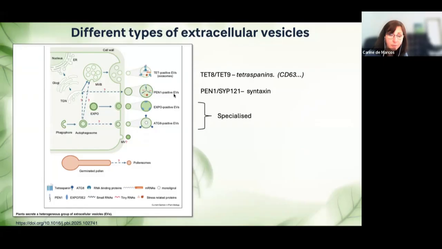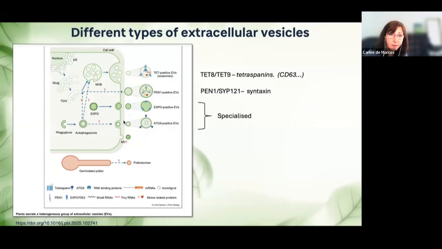The other type of plant extracellular vesicles that come up at a different density is marked by the protein called PEN1, which is also called SYP121, which is a syntaxin. And because this marker doesn't colocalize with markers of the multivesicular bodies, we think that it can be a different type of EVs, not from exosomal origin.